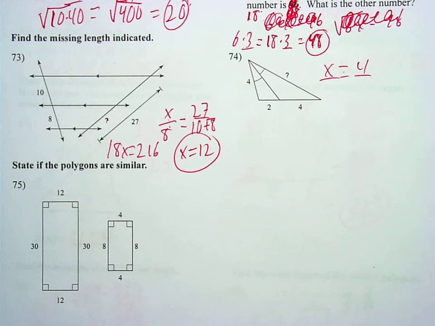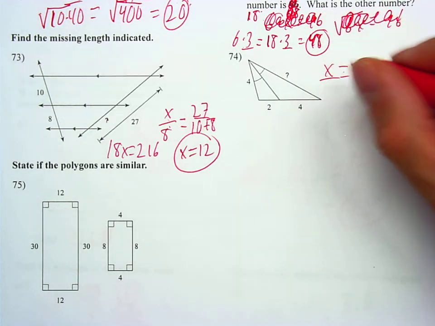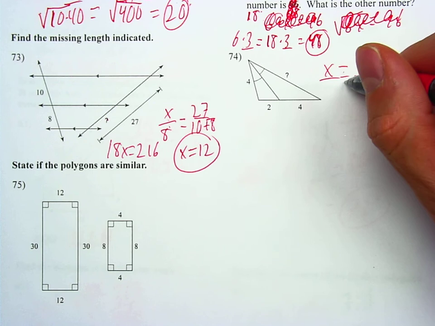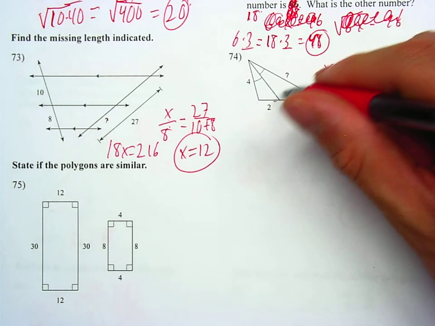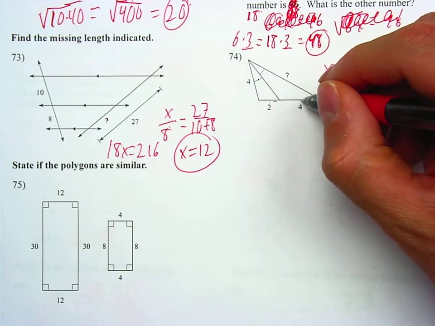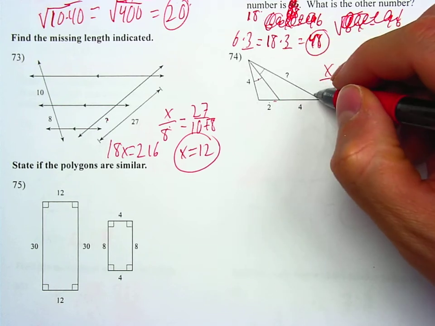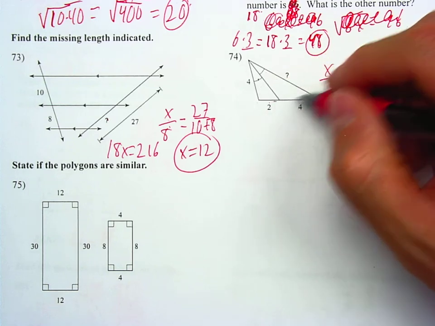So to set this up, I got to have this entire length, I got to have this 2 somewhere going with the 4 because they're across from the same angle, the short length. And the question is here, what does this question mark length go with? It doesn't go with 4, it goes with 6.